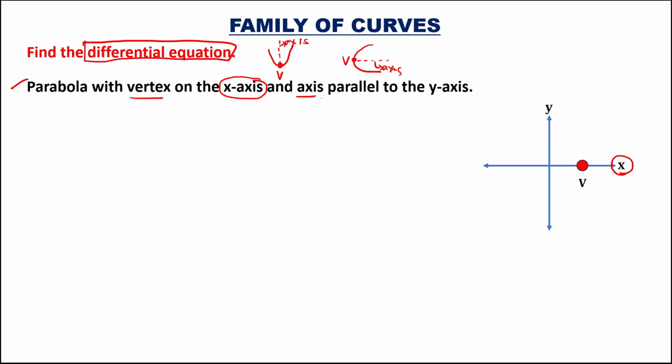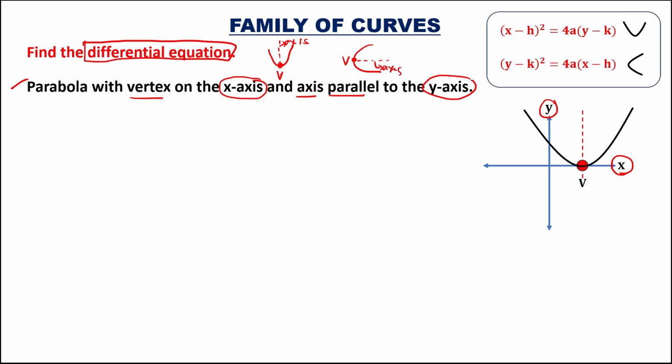Then the axis is parallel to the y-axis, so this is now the axis of the parabola. So from this, the parabola opens upward. Then since it opens upward, we're going to use this formula to find the differential equation.